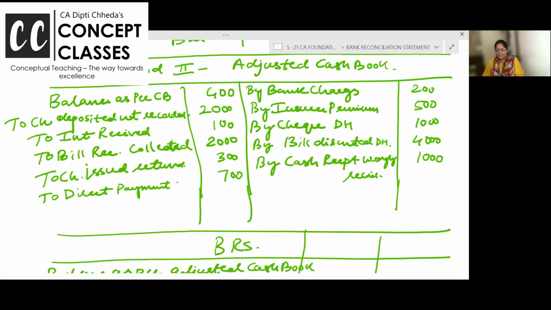So now credit. Cash payment recorded in the bank column. By mistake the bank column was credited. So reverse and debit it. Cash payment wrongly recorded.